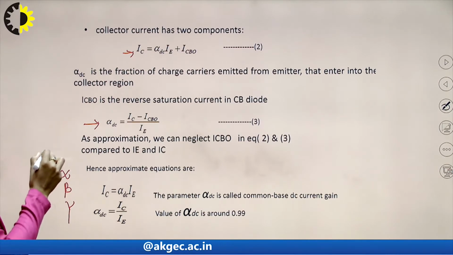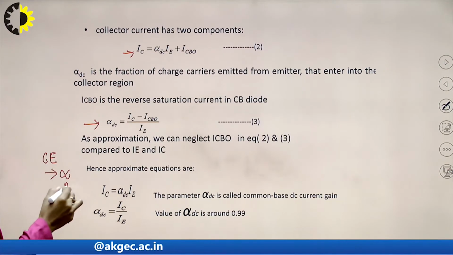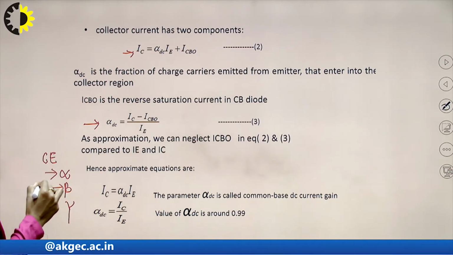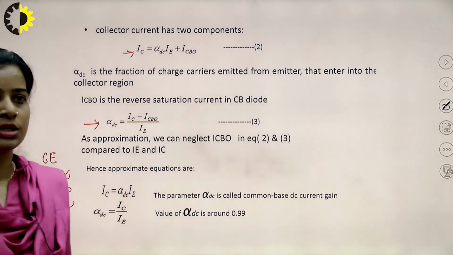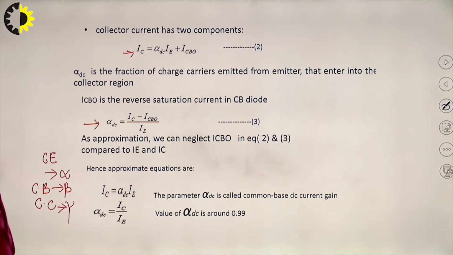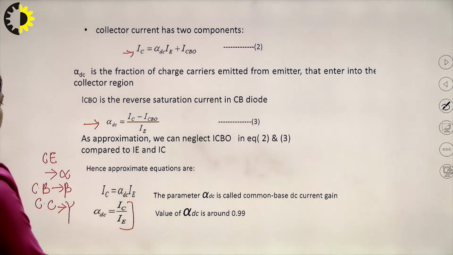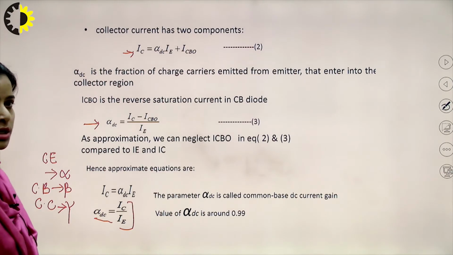Alpha you must have studied for the common base configuration, beta for the common emitter configuration and gamma for the common collector configuration. That is the ratio of output current to input current, IC upon IE, for the common base configuration.